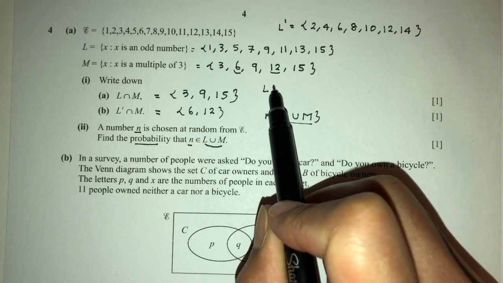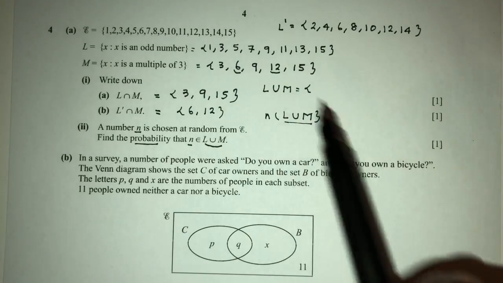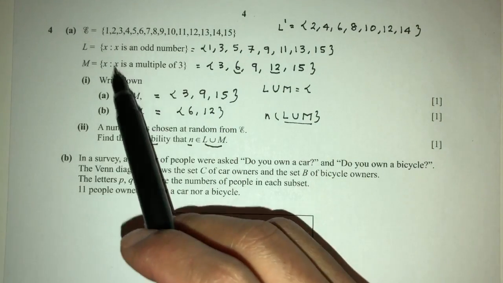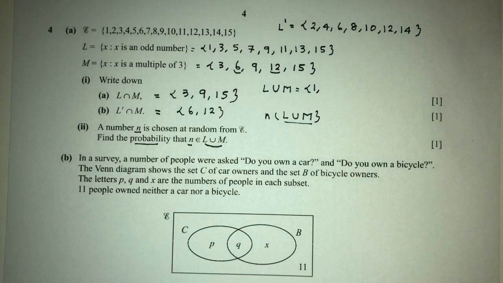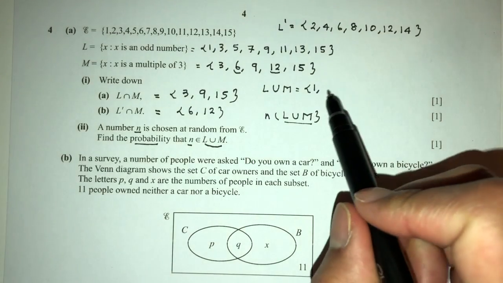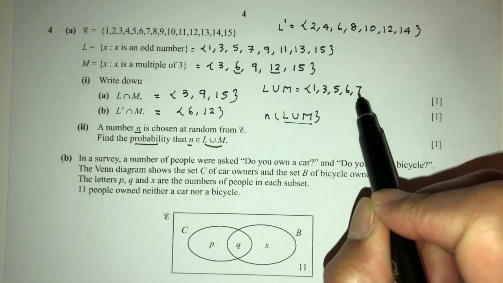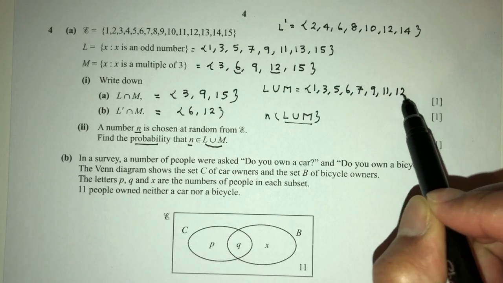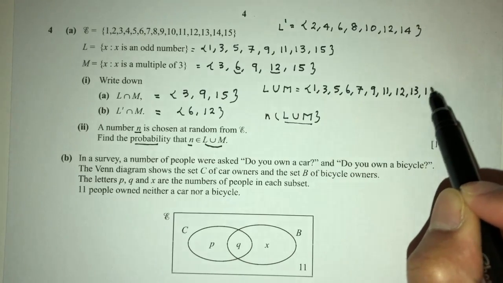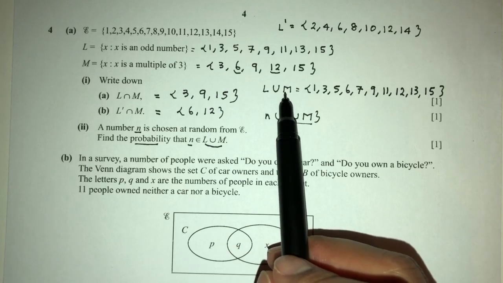So L union M will be what set? It will be all the elements in those two sets without repetition. So we have 1, 3, 5, 6, 7, 9, 11, 12, 13, and 15. That will be the set L union M.